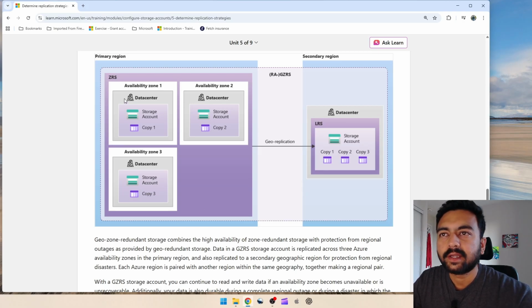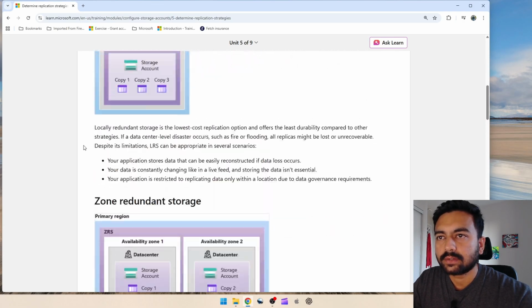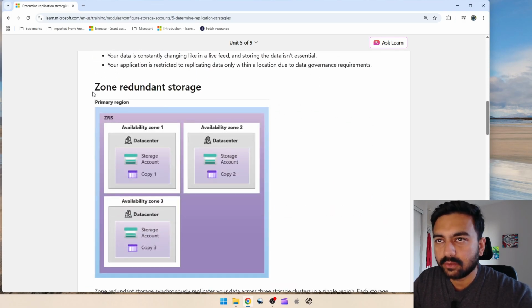In case of ZRS, where you have one region, multiple availability zones, and your data is copied across multiple availability zones, there's three copies, but it's all saved in one region. So in case of a regional outage, your data is just all gone.